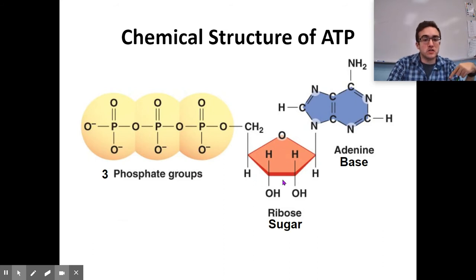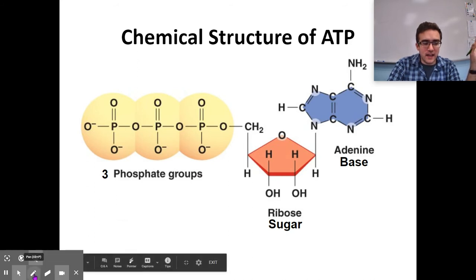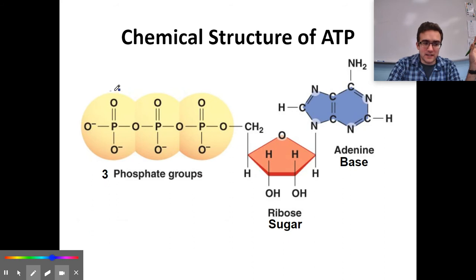It has a ribose sugar, a 5-carbon sugar, and then 3 phosphate groups. This looks very, very familiar. And if you had to guess, hey, this looks a lot like a nucleic acid, you would be correct.